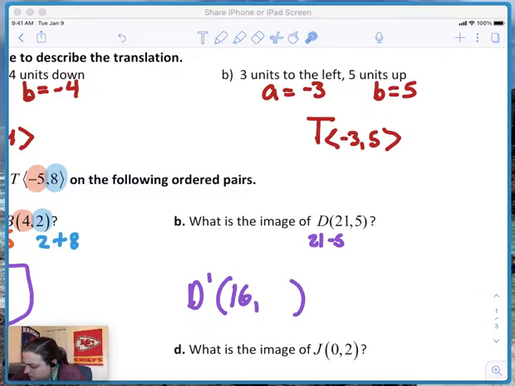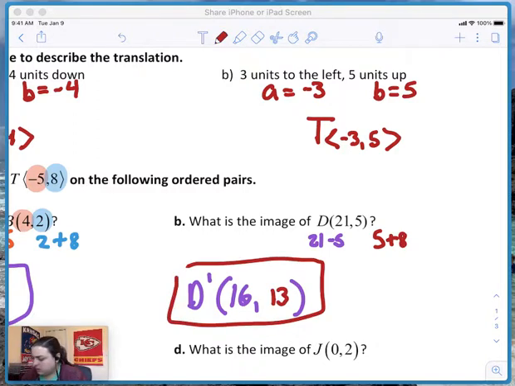And then I'm going to do 5 plus 8, which here is going to give me 13. So I'm taking these first numbers, and since this is a negative 5, I'm subtracting 5. And here I have 5, and since this is a positive, I'm adding 8. So I'm taking 21 minus 5 and 5 plus 8.